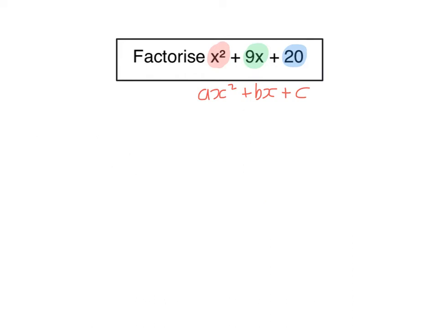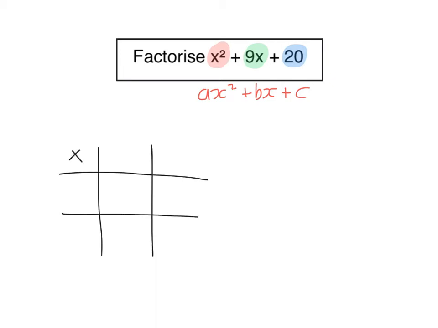Okay, so let's go back to our original question and draw our grid. And I know that this is x squared. That's what we figured out earlier. Which means the only two things that times to give x squared are x and x.